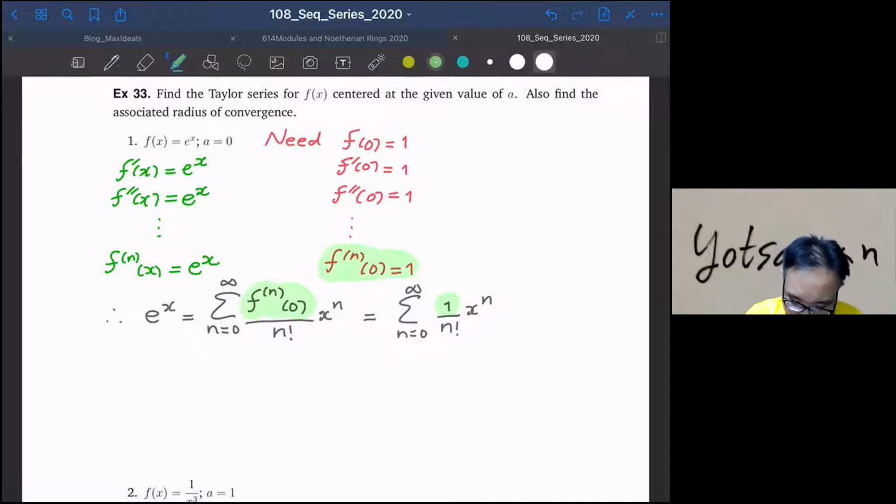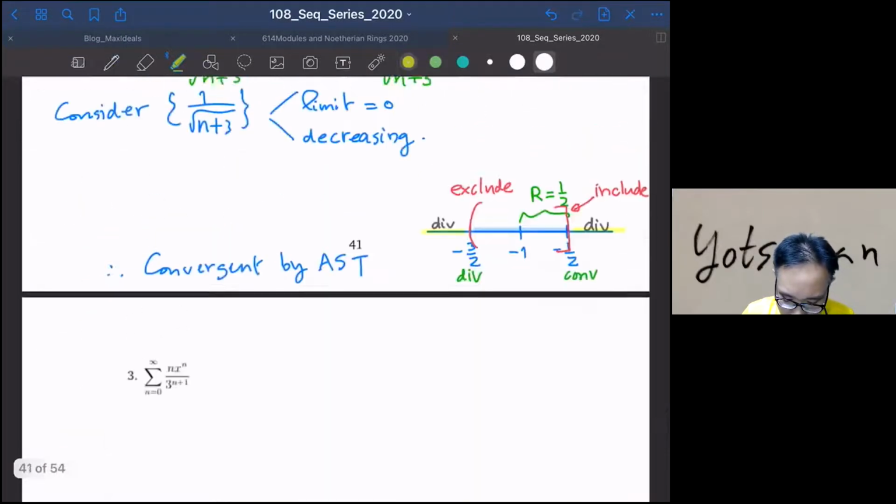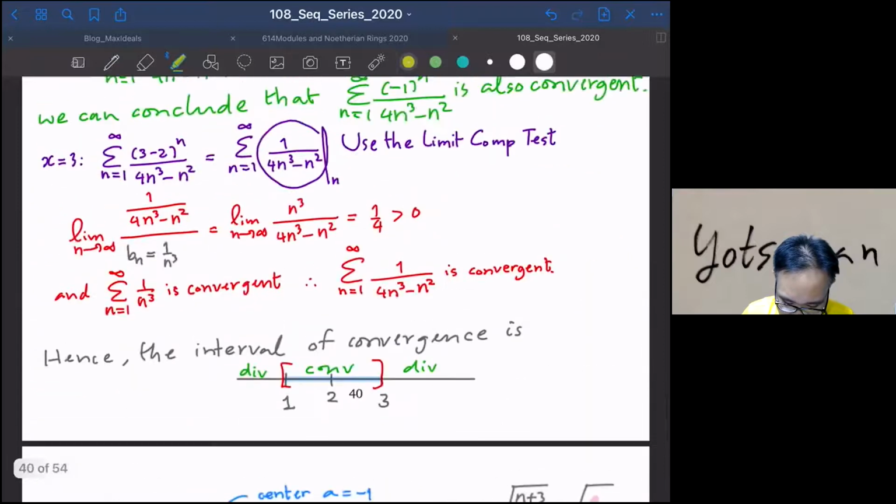The question also asks you about the radius of convergence. The thing that you can recall is, hey, it looks like something that we have done before. It's going to be x^n over n factorial, and we have this one in 11.8.